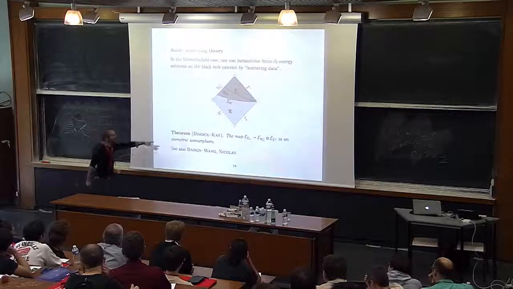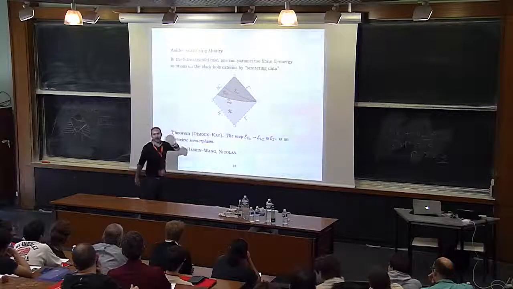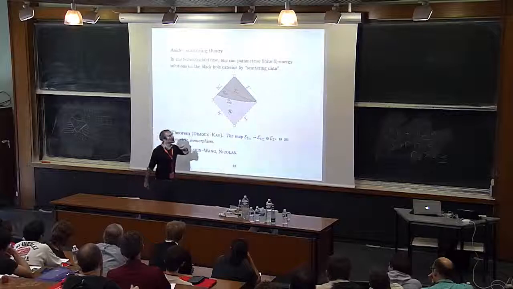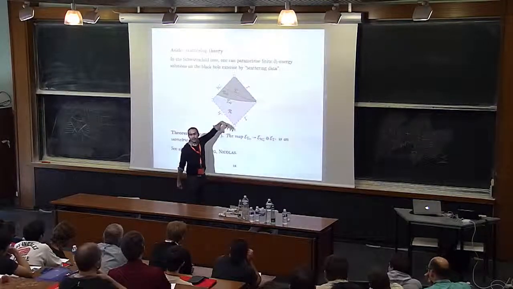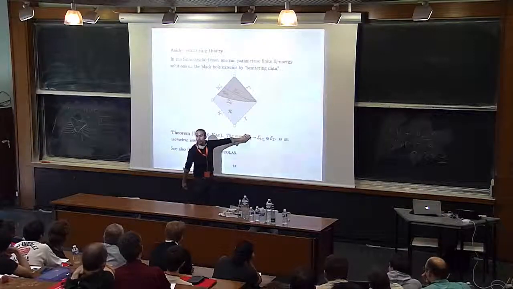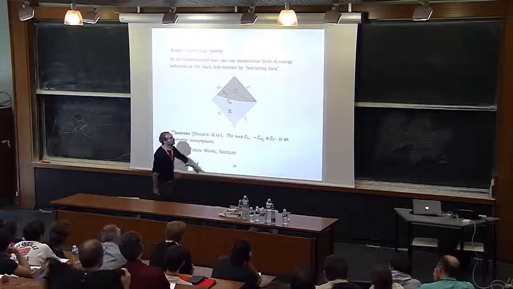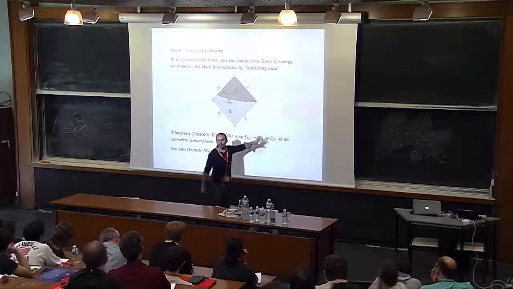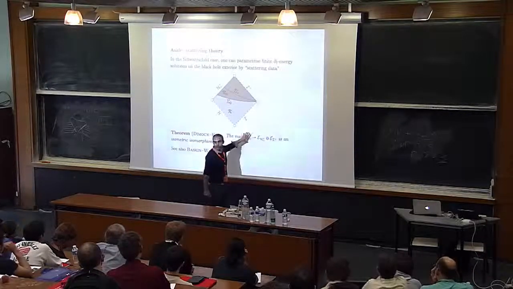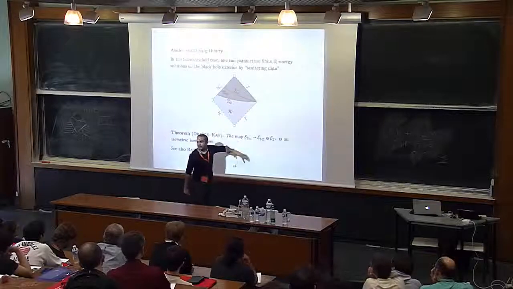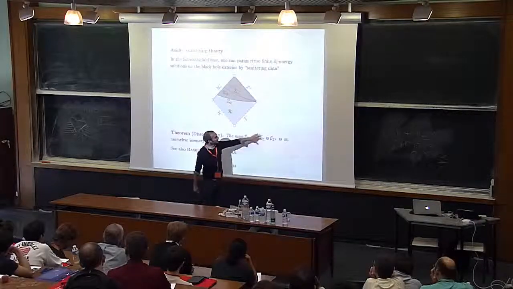And the theorem of Dimock and Kay is that this is an isometric isomorphism, which means that you can parameterize all solutions of the wave equation which come from E sigma naught by scattering data. You give me scattering data in these flux spaces, then there is a unique initial data that gives rise to that.